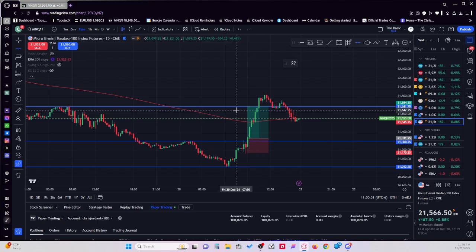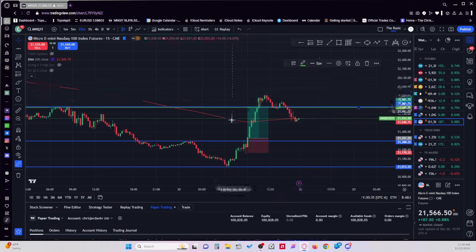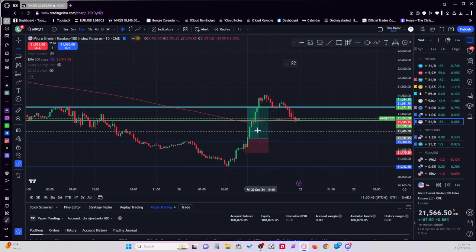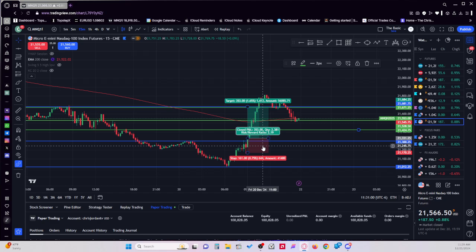Let me actually draw it, because I use green lines for TP. TP would be right at this level here. TP2 around where the EMA is, in case it starts to reject. And then TP1 would probably be around this area. And as the chart is going up, I'm moving my stop loss into profit. It's really that simple.